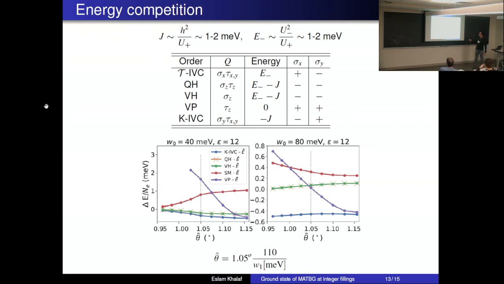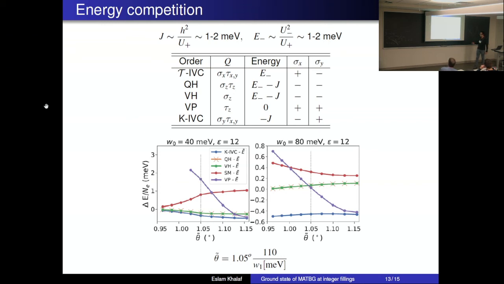When we project the dispersion and the non-symmetric part of the interaction on this ground state manifold, we actually get energy splittings of order 1 to 2 MeV. And we find, for example, states like the quantum Hall, valley polarized state. The competition between them depends on the details of these energetics.